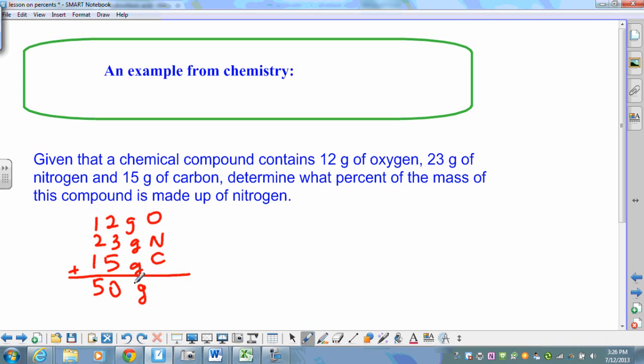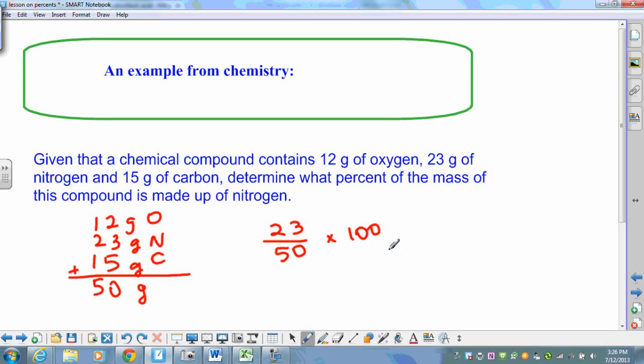The question is, what percentage of this is made up of nitrogen? So you're comparing nitrogen to the grand total. So we're going to compare 23 to 50, and to leave it as a percent, we're going to multiply it by 100.